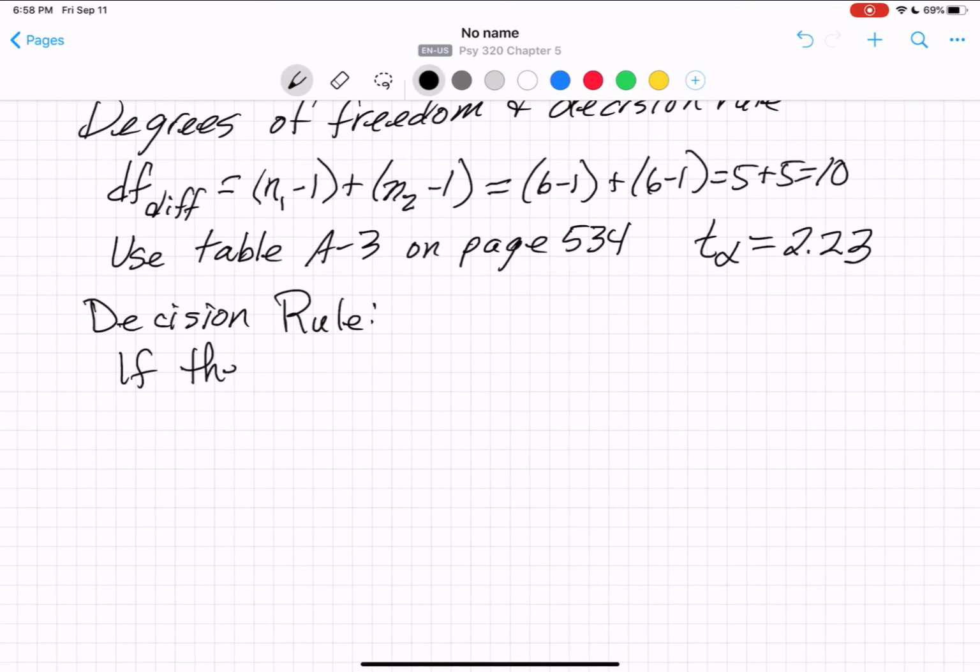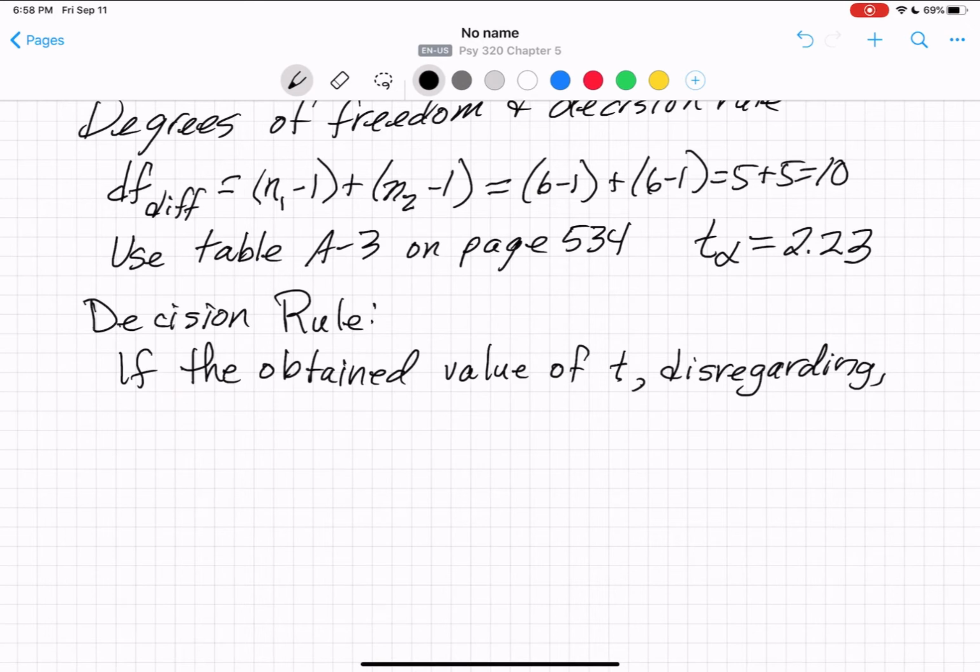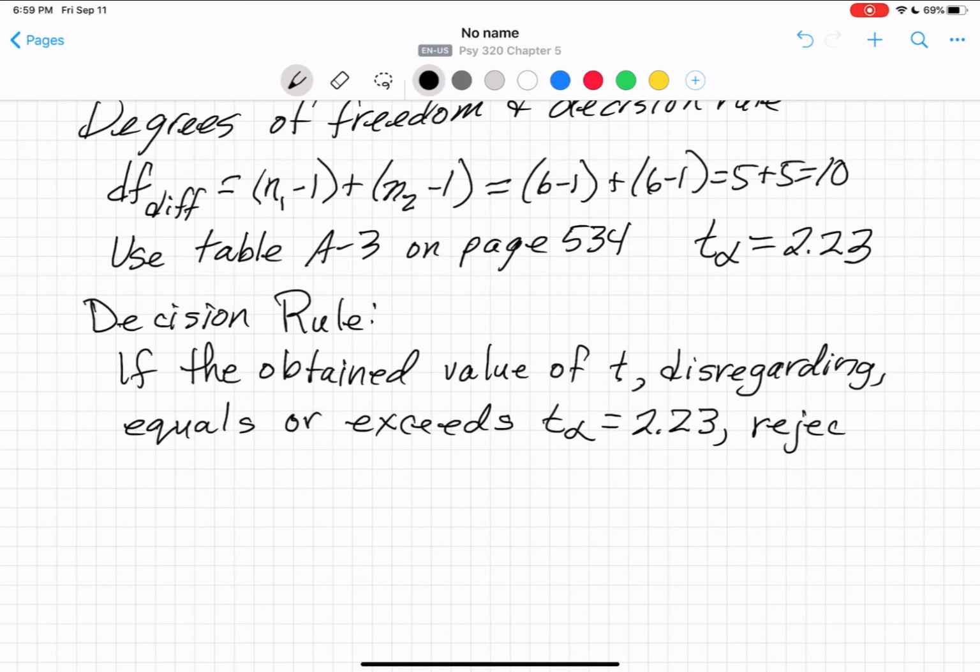If the obtained value of t, disregarding sign, equals or exceeds our t critical, our t alpha, equals 2.23, we're going to reject the null hypothesis.